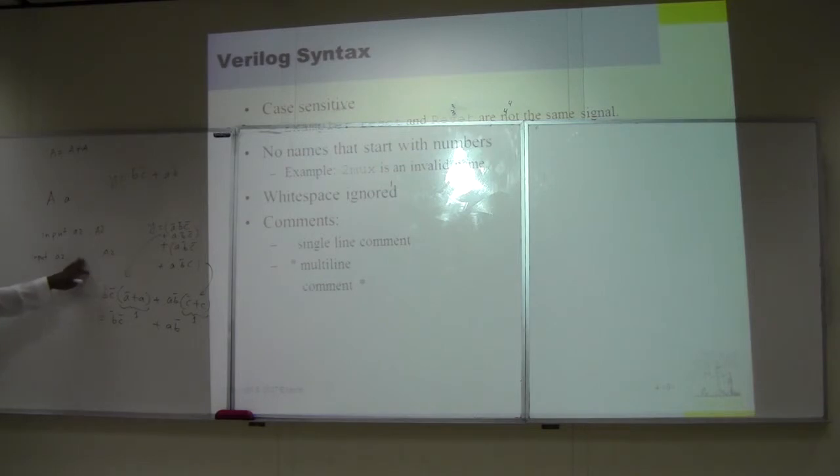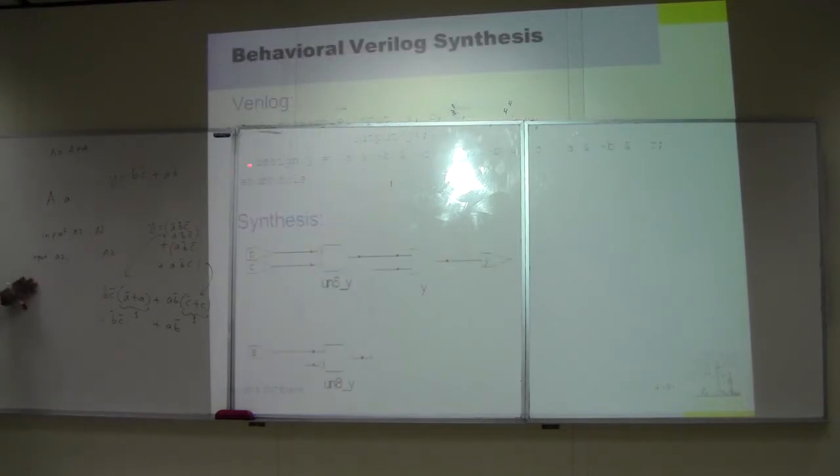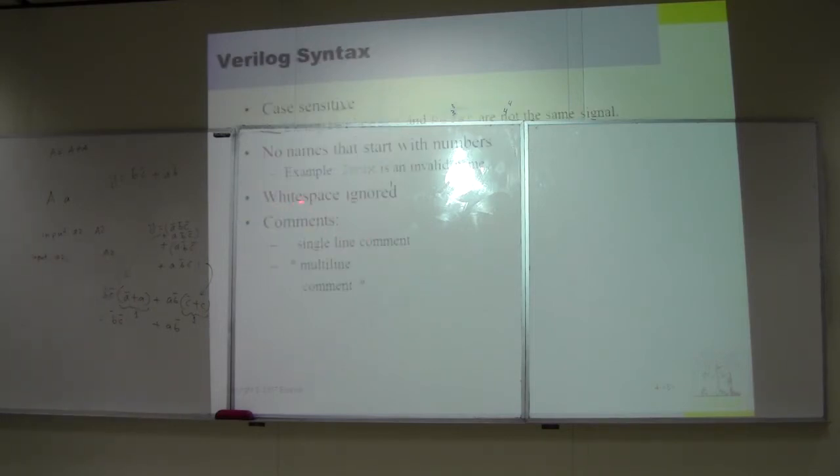Sometimes we put a space to make it nice, so that you can read. You see, module is here and module is here, but here you put an extra space. Why? So that you can read the code easily. But for the program, it will ignore it. It will not use the extra space. So this is called white space ignored.